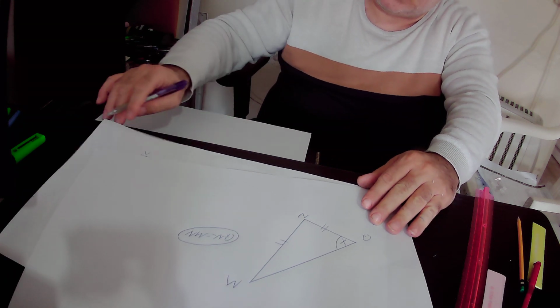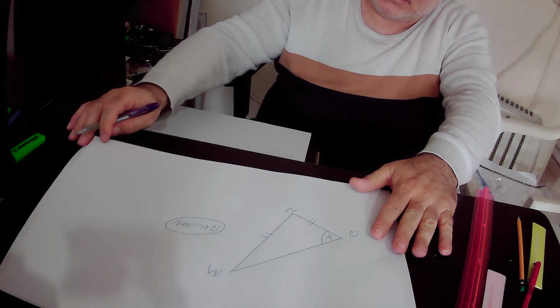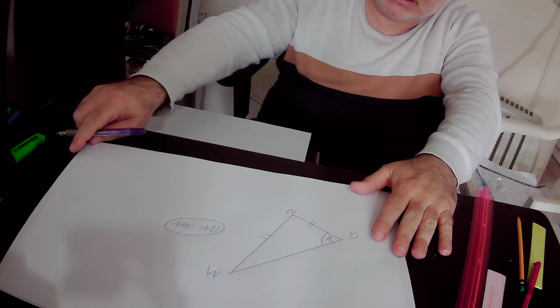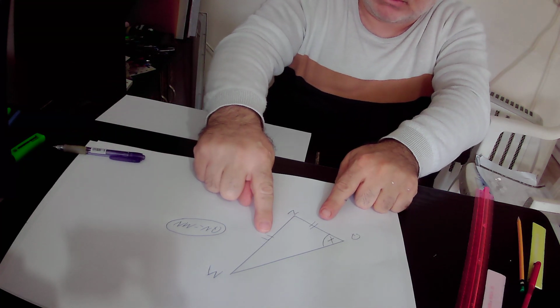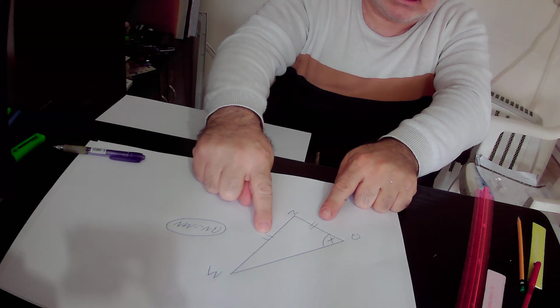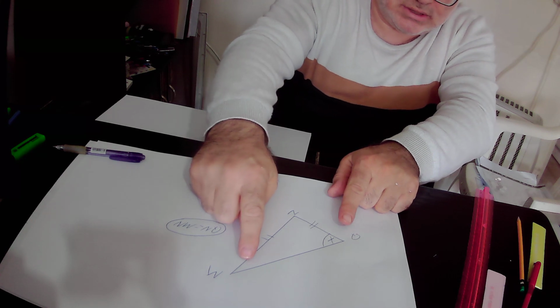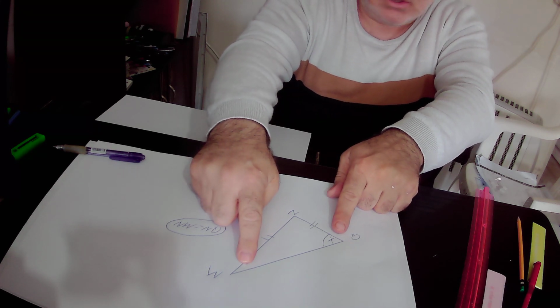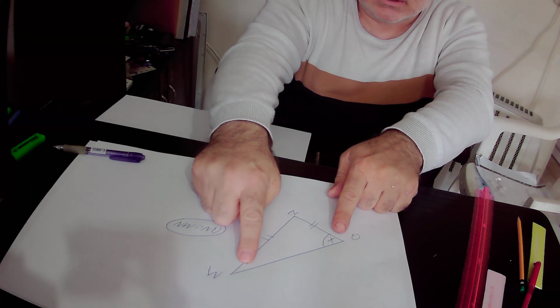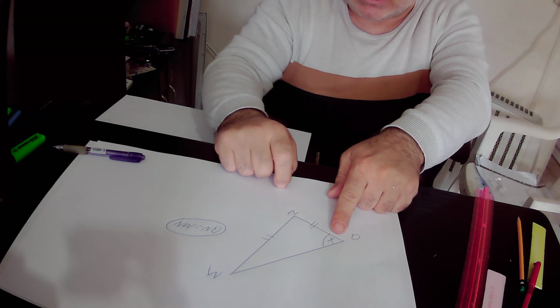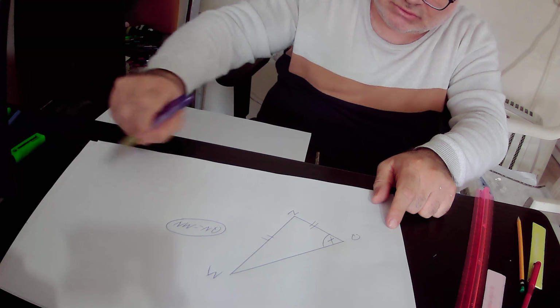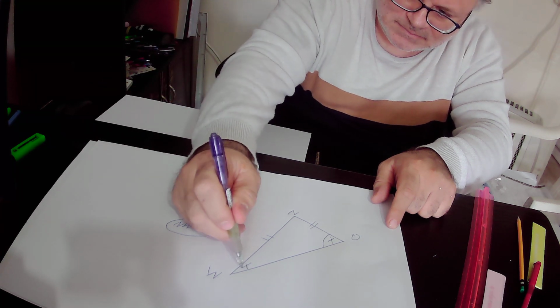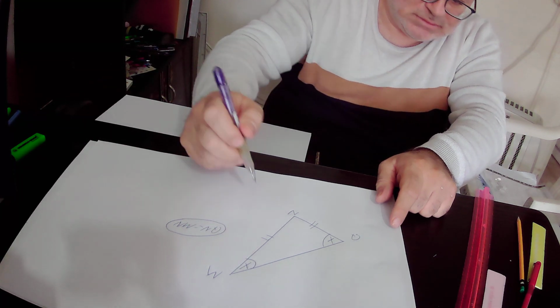We have the rule that in front of equal sides in a triangle there are equal angles. That is to say, those two angles located in front of the equal sides must be equal to each other. But this angle is equal to x, so this angle must also be equal to x, because they are equal to each other.